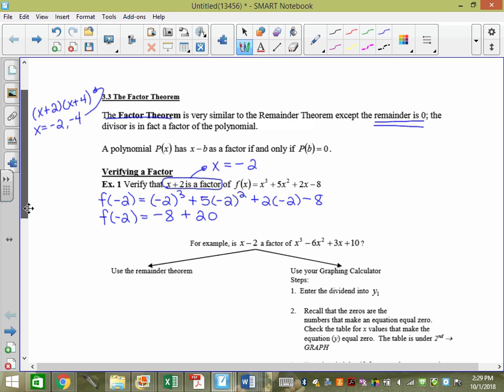And then 2 times -2 is -4 minus 8. F of -2 equals -8 and -8 and -4, which is -20, plus 20. So we get f of -2 equals 0.